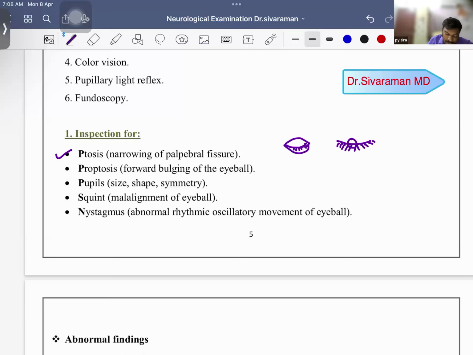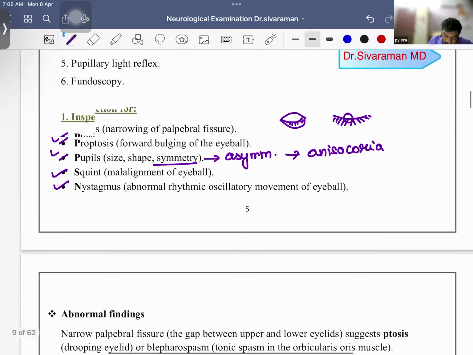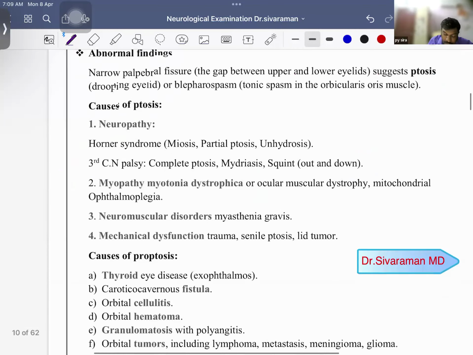You check for proptosis, where the eyeball or globe is bulging forward. Then you check the pupils. Whenever there is asymmetry, asymmetrical pupils, that is called anisocoria. Then you check whether any squint or nystagmus is present. These are very important things.